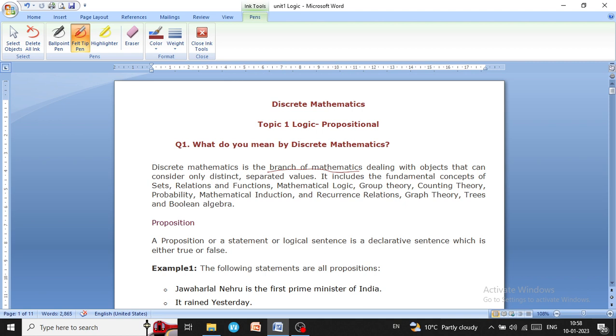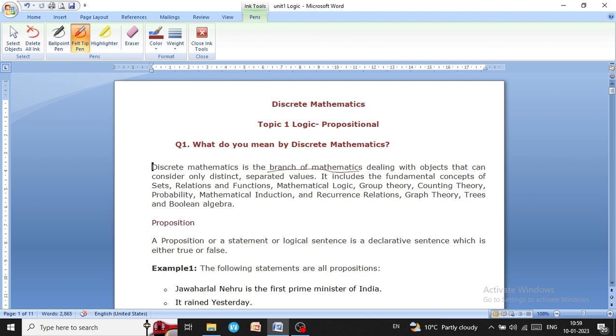Now, first of all, I will discuss what a proposition is. A proposition, or a statement, or logical sentence, is a declarative sentence which is used to declare something, and that statement will be either true or false.